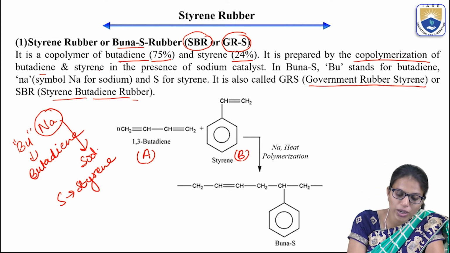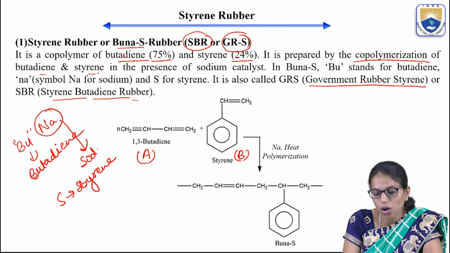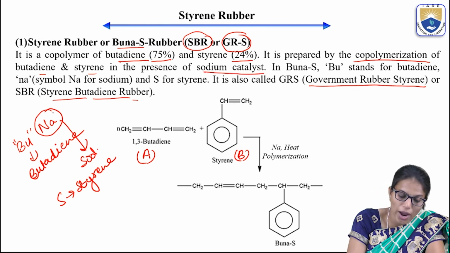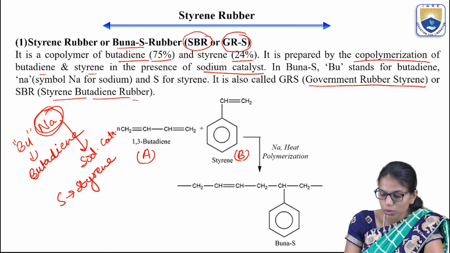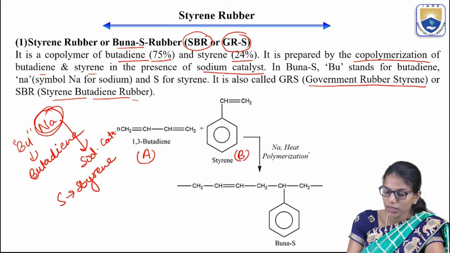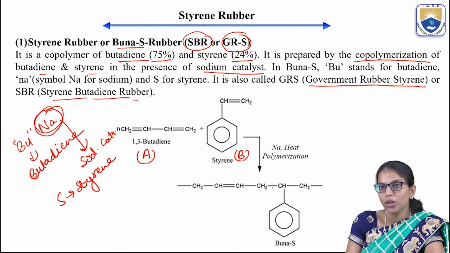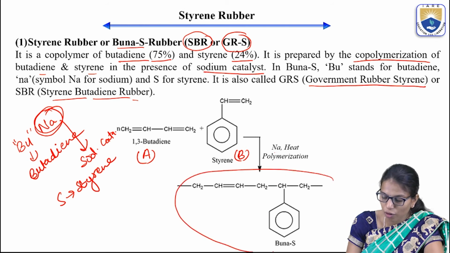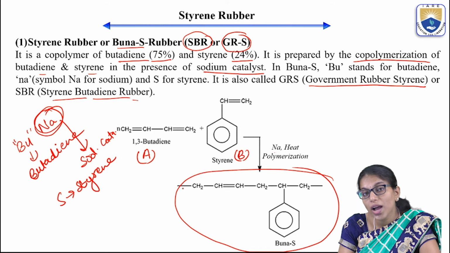Copolymerization of butadiene and styrene in the presence of a sodium catalyst, Na being the sodium catalyst, forms this type of molecule, and we call it Buna S.